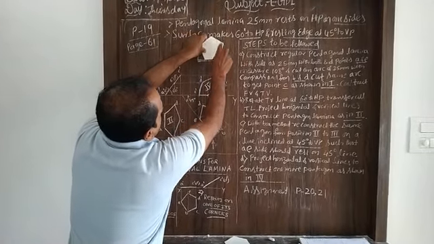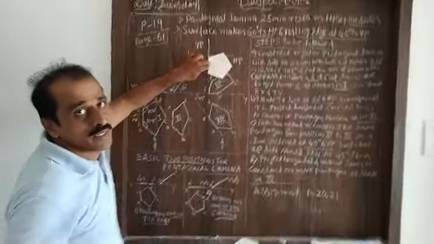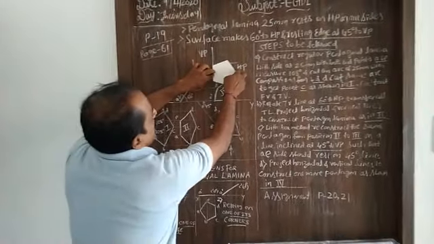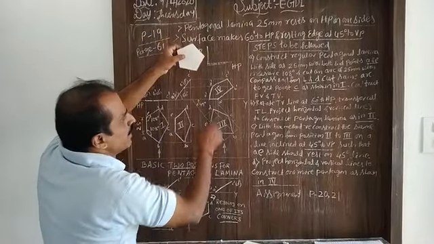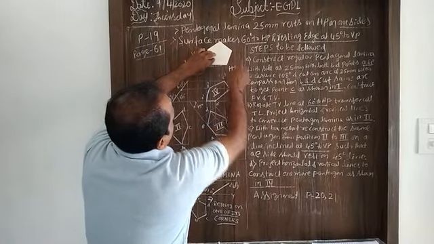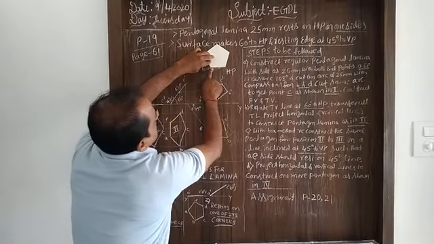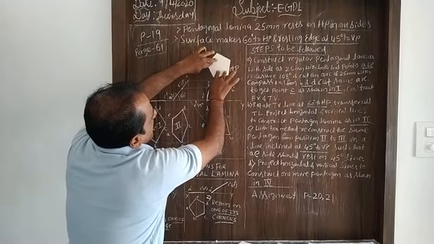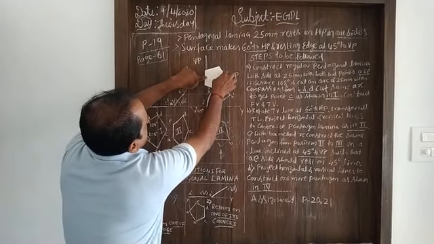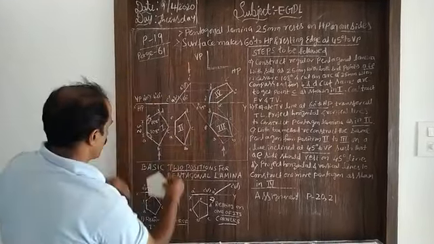Now I told very clearly, we are rotating this HP through an angle of 90 degrees so that VP and HP will coincide. I am explaining again: the 25 mm side rests on HP. When you rotate this HP through 90 degrees, this will be the same case that you can expect here. Clear? This is one of its sides on HP.